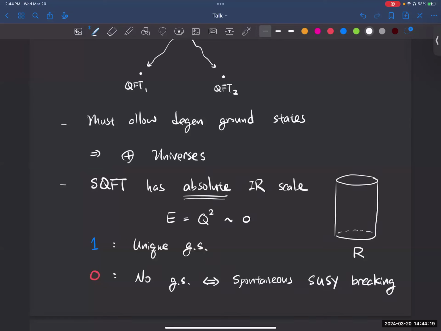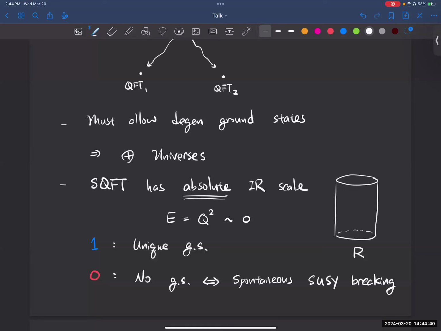But when you have supersymmetry, there's another absolute notion of an IR scale. Let's say you put your quantum field theory on some compact spatial manifold, it becomes some kind of quantum mechanics, where the spatial manifold preserves supersymmetry. So if it's 2D, then you want to put Ramond periodic boundary conditions for your fermions.